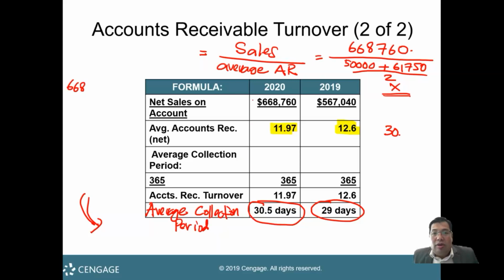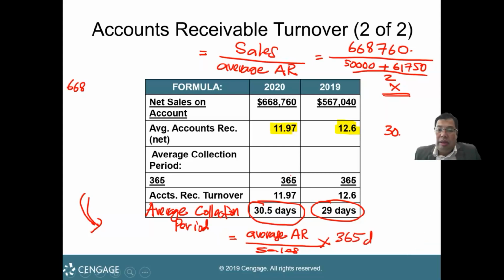The formula is the other way around, the opposite. That is your average account receivable divided by your sales, multiplied by 365 days. Please copy this formula. Take out a piece of paper and write it down: average account receivable divided by sales multiplied by 365 days.